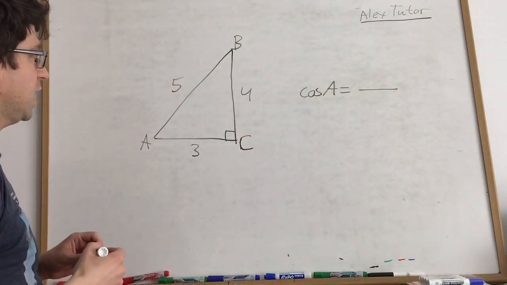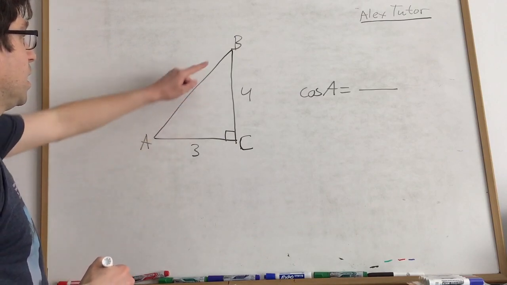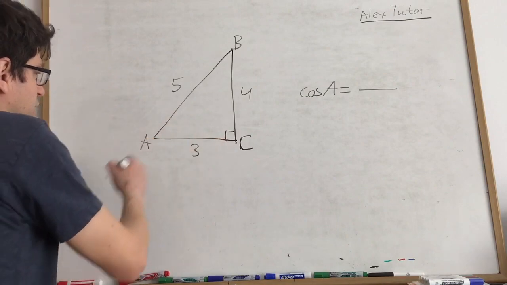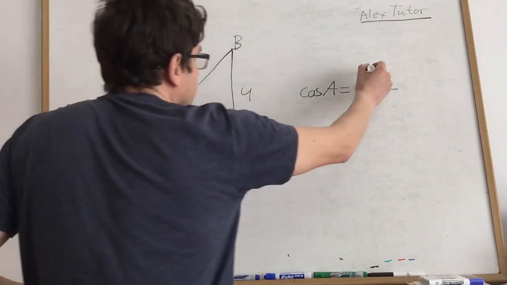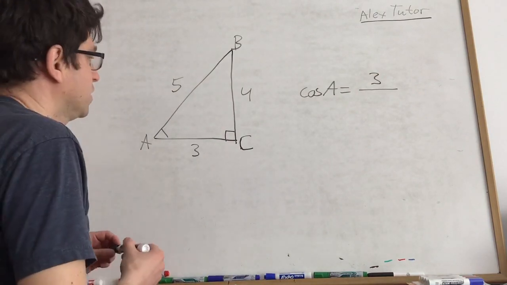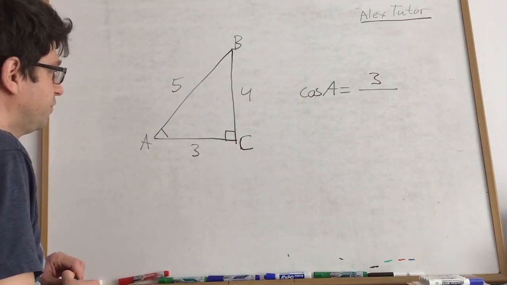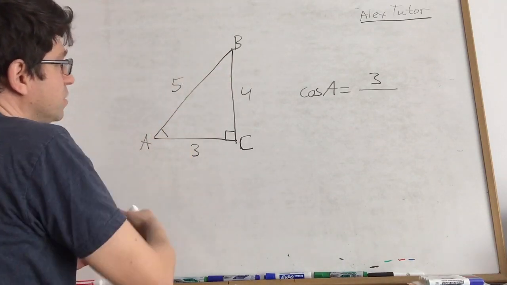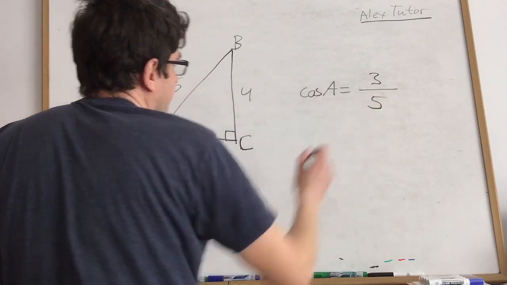Cosine of angle A is adjacent leg, which equals 3. For example, 3 centimeters or 3 inches, it doesn't matter. Maybe 3 meters or 3 feet, it doesn't matter. 3 units. Divided by hypotenuse, which equals 5.